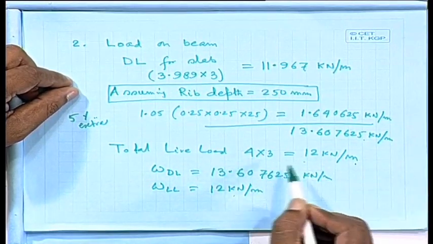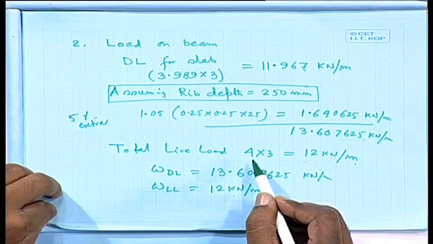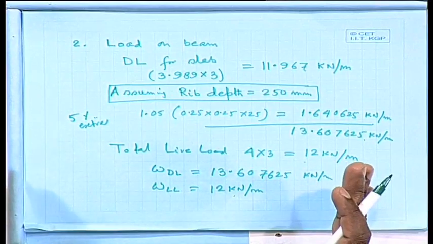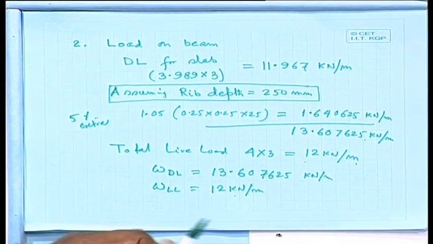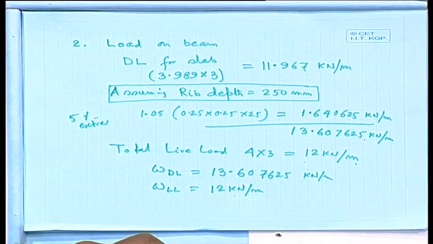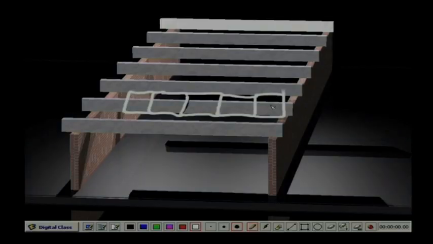Total live load is 4 into 3, because spacing of beams is 3 meter, so 4 into 3 is 12 kilonewton per meter. So along this length we are getting 12 kilonewton per meter live load and 13.607625 kilonewton per meter for dead load, and we have done up to this. Let us continue.